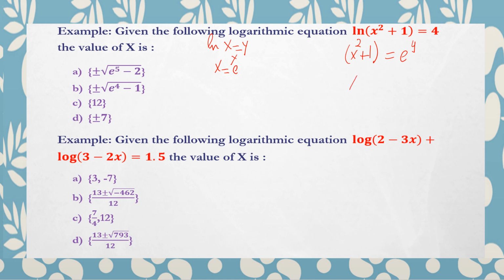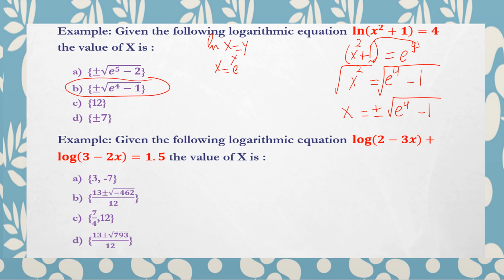Then x squared equals e power 4 minus 1, as we take 1 to the other side with different sign, and by taking the square root of both sides, we get x equals plus or minus square root of e power 4 minus 1, and the correct answer is B.